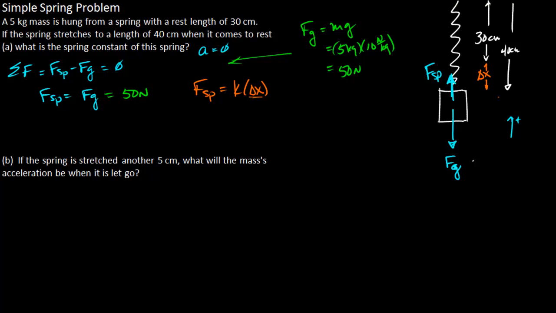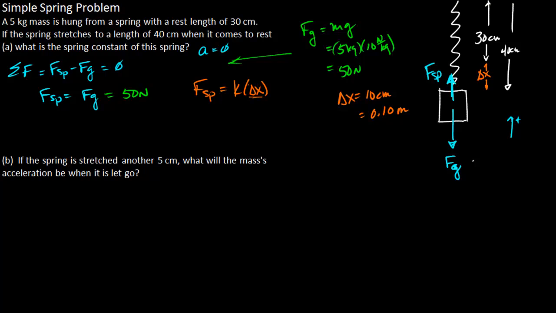So there is delta X. In this case, we can easily see that delta X equals 10 centimeters, but remember, we're using newtons, we're using constants here, especially the gravitational constant, so we want our distances all to be in meters, so this would be 0.10 meters. Make sure we use that when we do calculations.